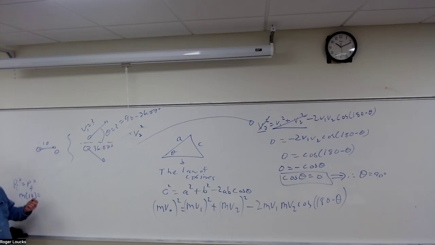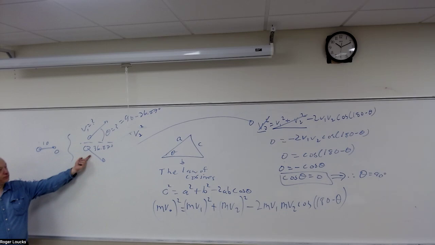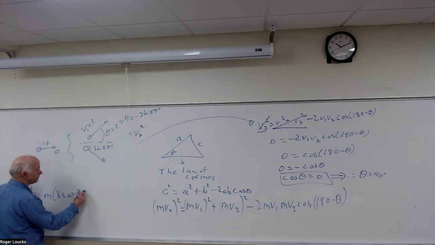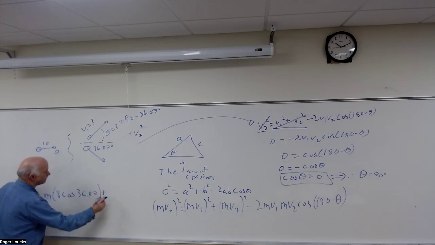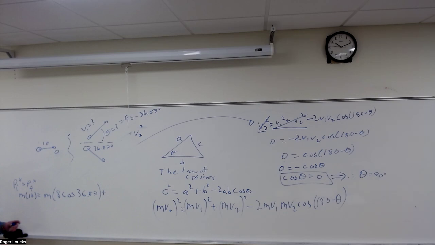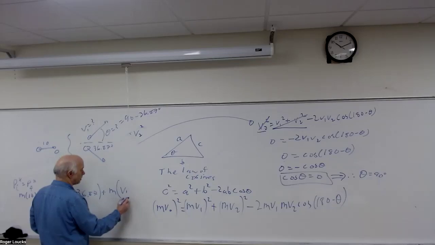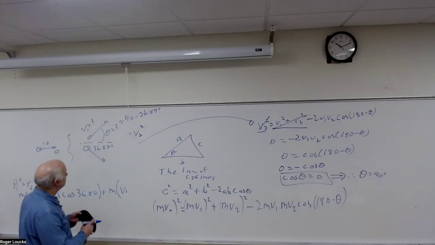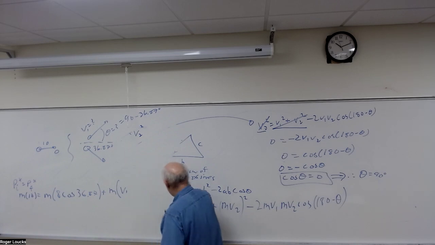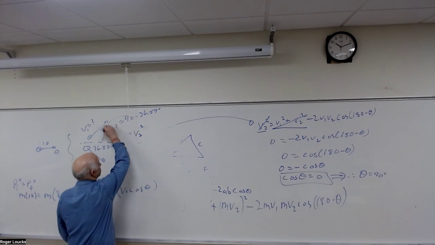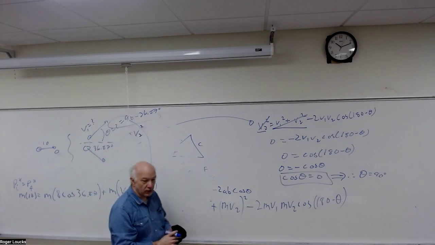What is P final X? The X momentum of my buddy here is M times 8 times the cosine of this 36.87, plus M times V times the cosine of theta. Then you just solve for V.